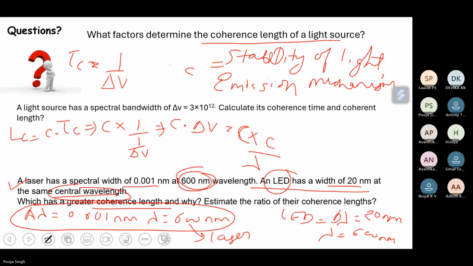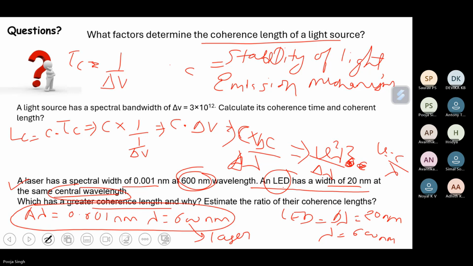So what we can do is basically it will be delta lambda, and then we can convert it into 1 upon delta lambda.